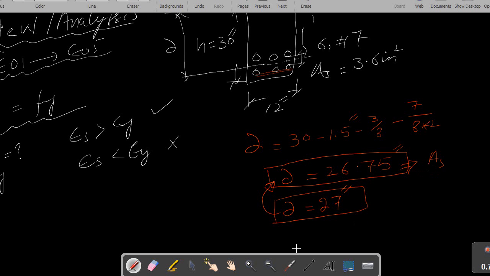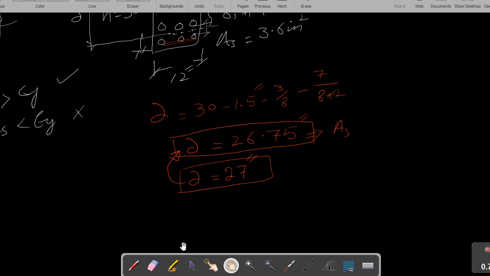If we revise and recalculate the area of steel for this depth, we will find the area of steel to be roughly 3.33 square inches, which is close to our calculated area of 3.29 square inches.